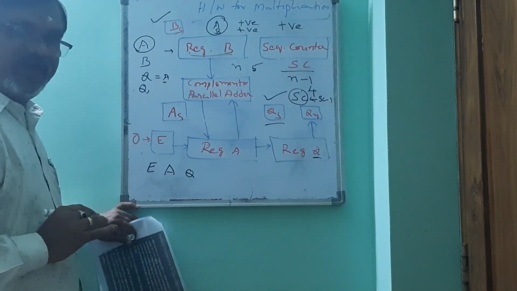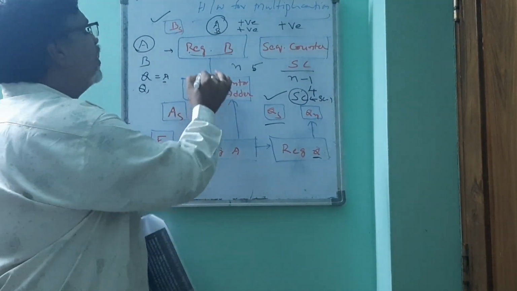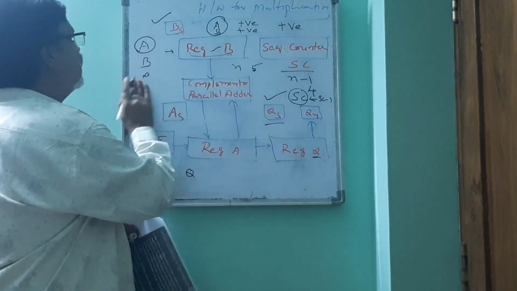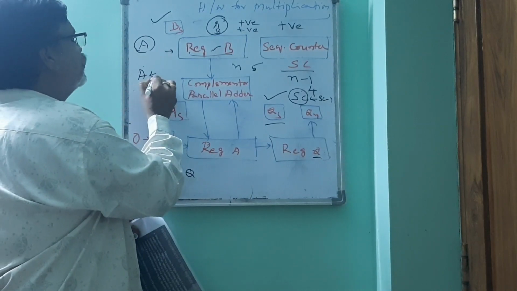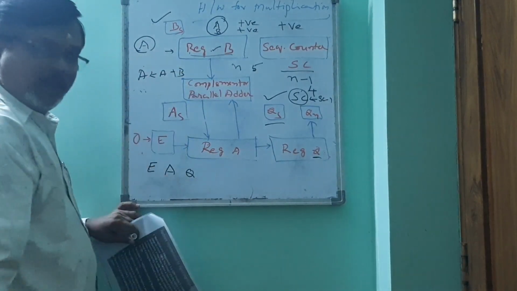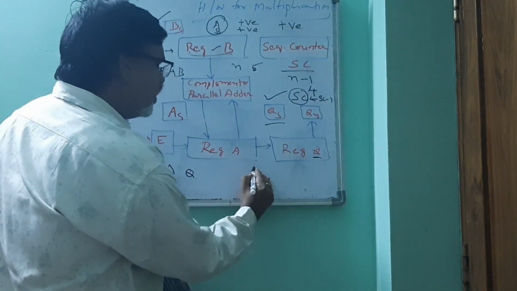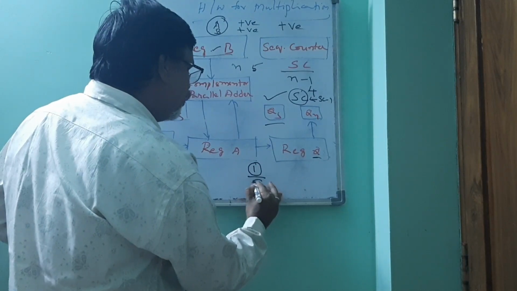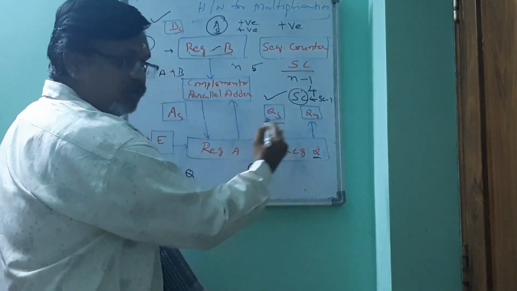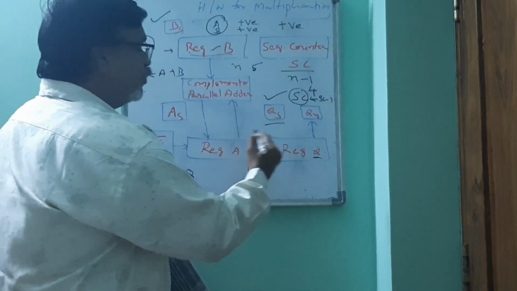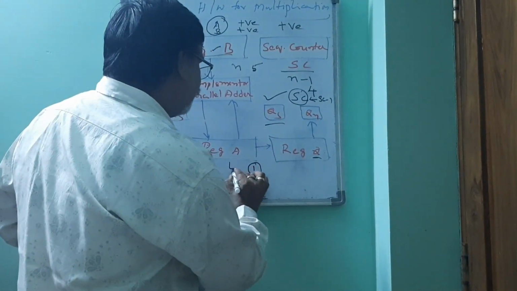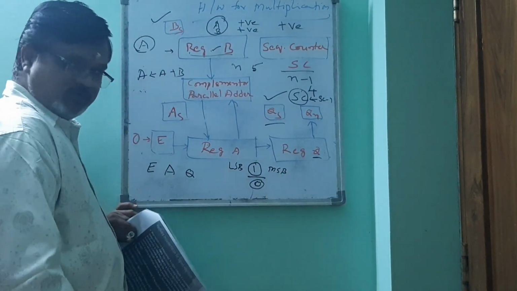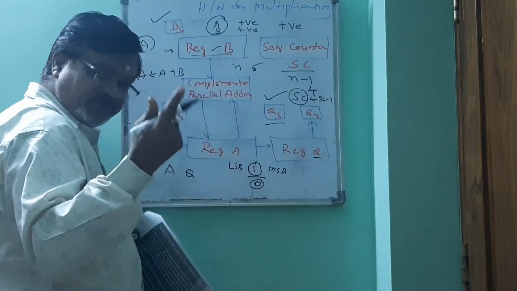Always, after register B is added to A, that is A plus B, the least significant bit of A, whether it is 0 or 1, will be moved to the most significant bit of Q. How is it shifting?